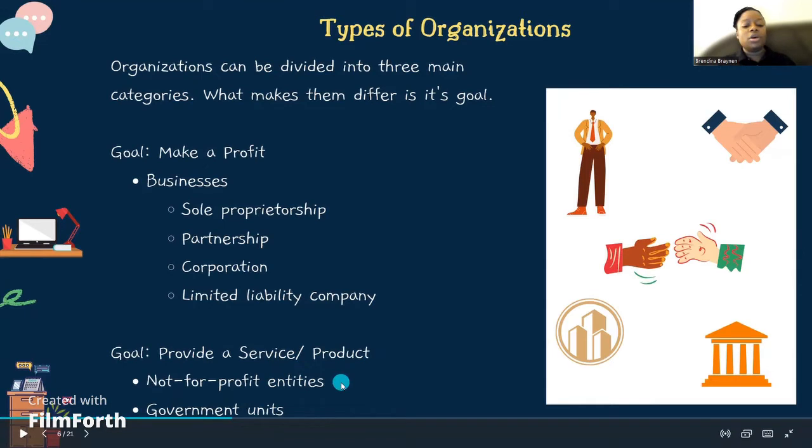So when we think of not-for-profit entities, we can think of churches, we can think of charities. In churches, they're providing a service and they're not trying to make money. They're just trying to be able to pay the bills that they have. They're not concerned with making a profit. Same thing with charities.